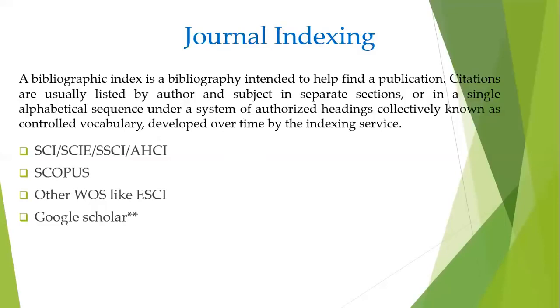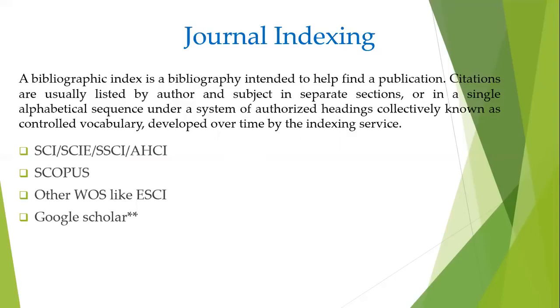For example, for a journal to be listed in the SCI, the quality requirement is very high, as well as the subject requirement is that the journal should be broadly from the field of science, technology, engineering, and management. Certain other journals, which may be from arts and humanities, are not listed in the SCI, not because they do not meet the quality criteria, but because they do not meet the subject shortlisting criteria.